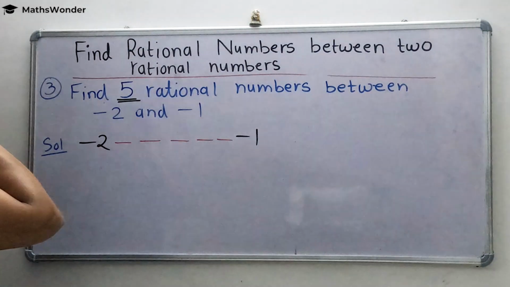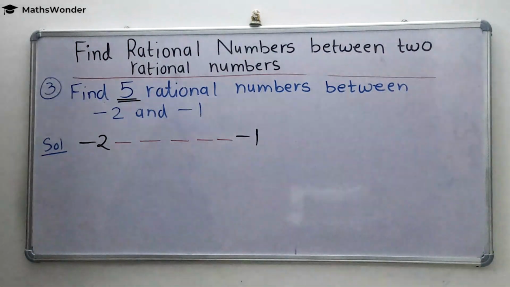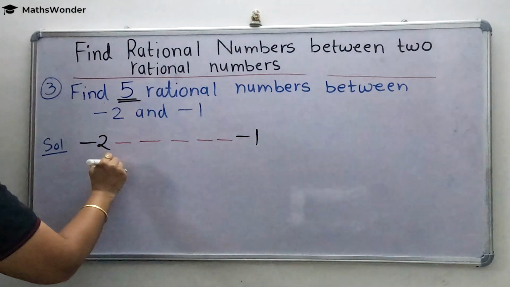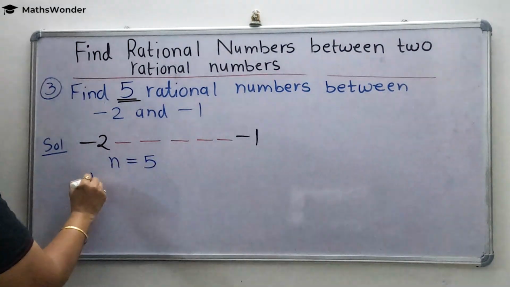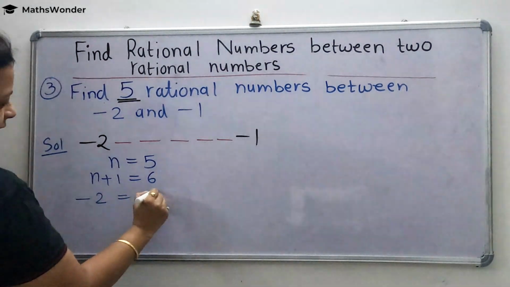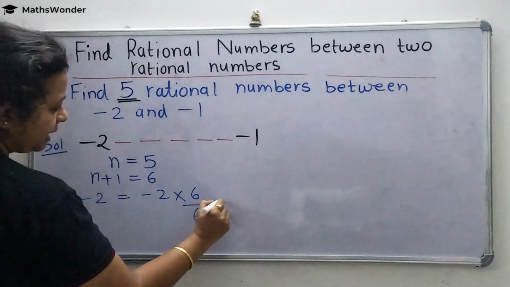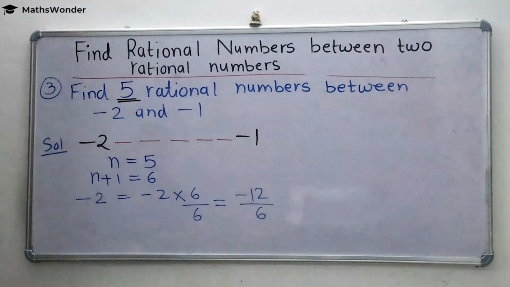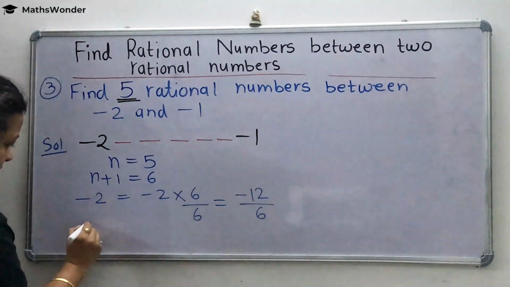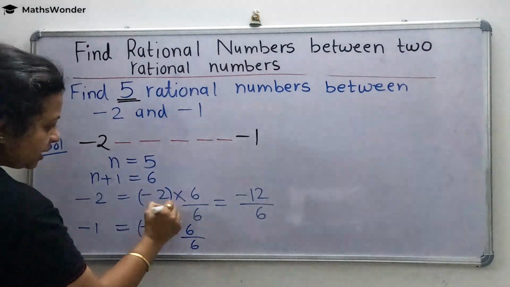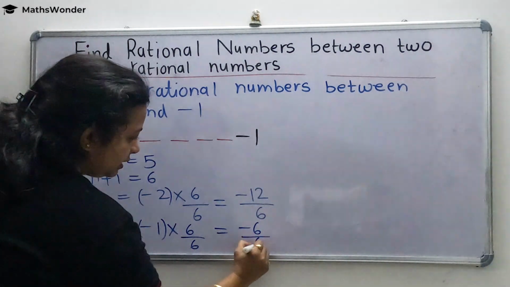You can use it for this. One, you multiply the numerator and denominator by 10, making the denominators the same, or we can take directly n is 5, so n plus 1 is 6. Now -2: you will multiply -2 by 6 and divide by 6, so you will get -12 over 6. Same you will do with -1: -1 times 6 over 6 becomes -6 over 6.